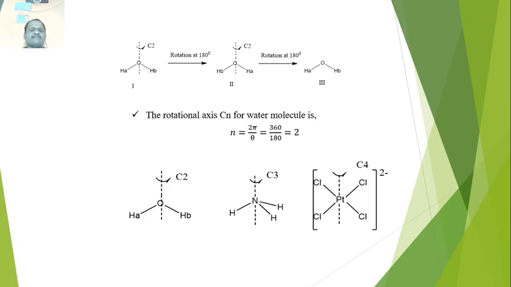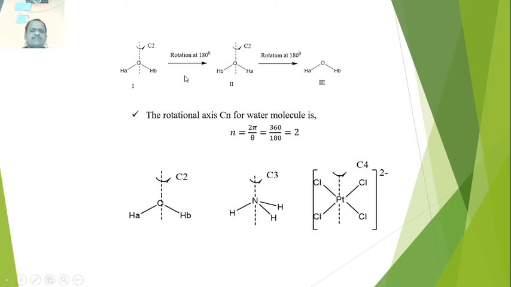Remember, identical means exactly the same. Equivalent means nearly the same. So when we perform another C2 rotation of 180 degrees on that molecule, we will get a third configuration. Now here the first and third are identical, no doubt.